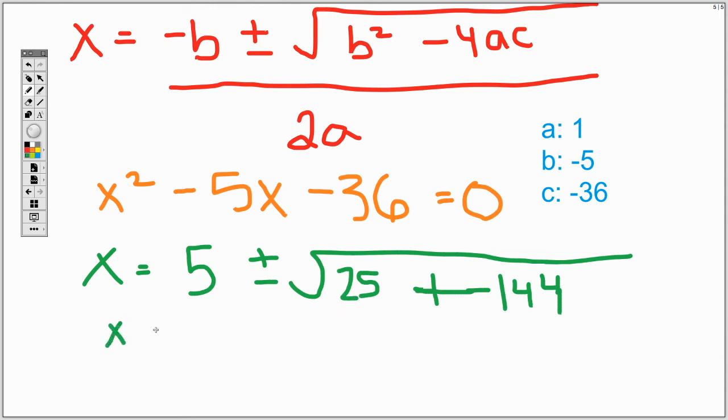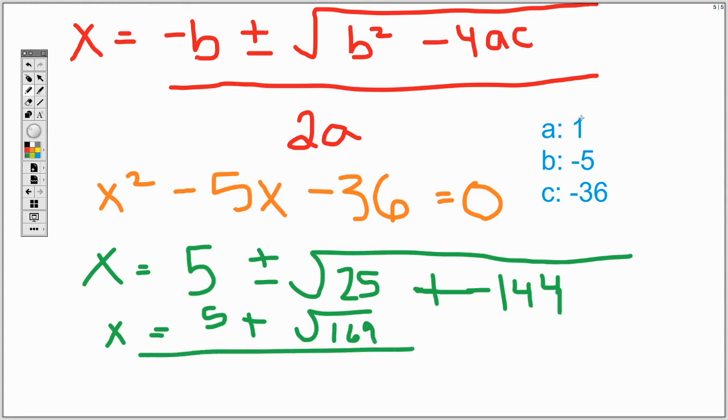So it would be x equals 5 plus minus the square root of 169, and then we divide by 2 times A, which is 1, so it becomes divided by 2. For those of you who don't know, 169 is actually a perfect square. So instead of just writing 169, we can actually write 13.